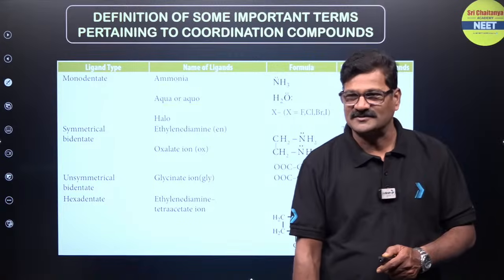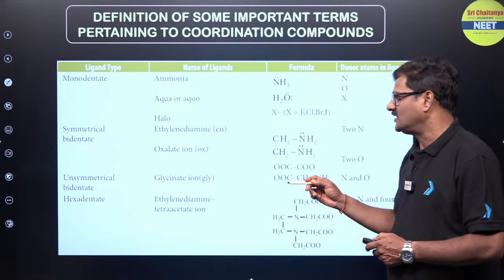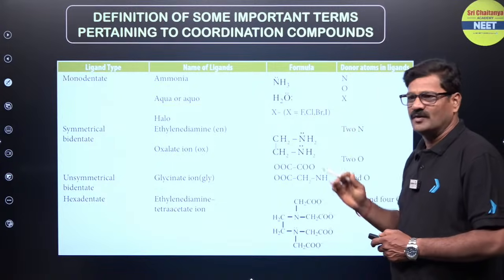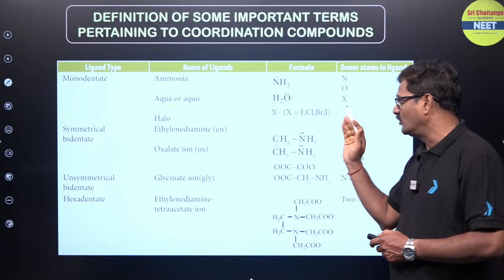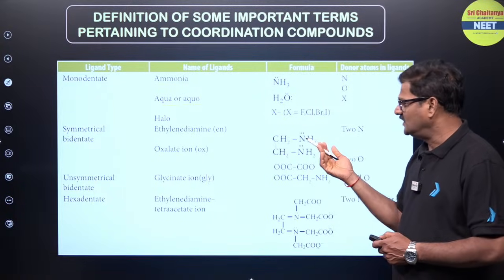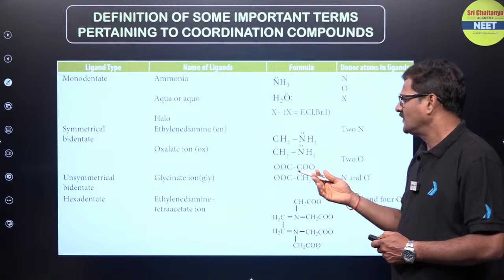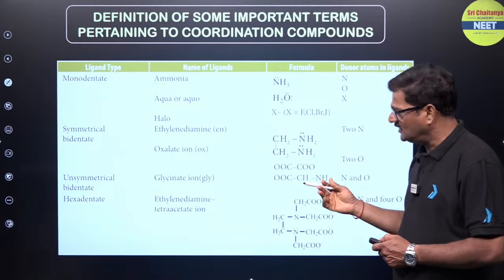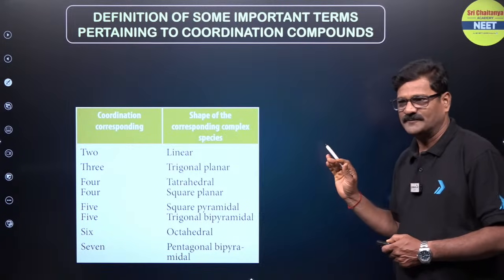Both spellings are correct. Then halo ligands: fluoro, chloro, bromo, iodo, or fluorido, chlorido, bromido, iodido. Also the oxalate ion and ethylenediamine. Like that I want to show you various things.